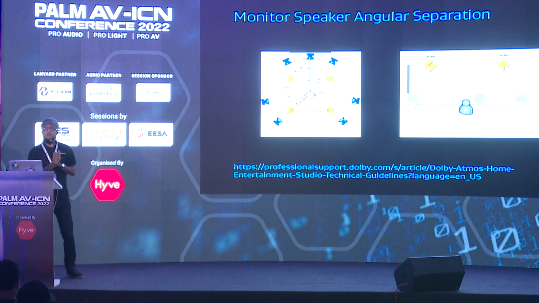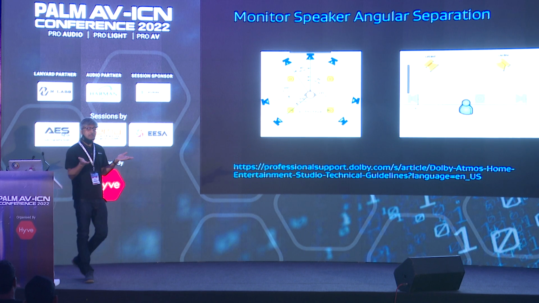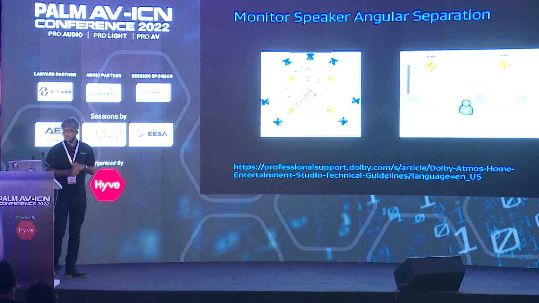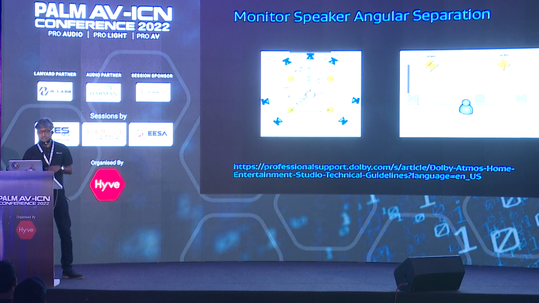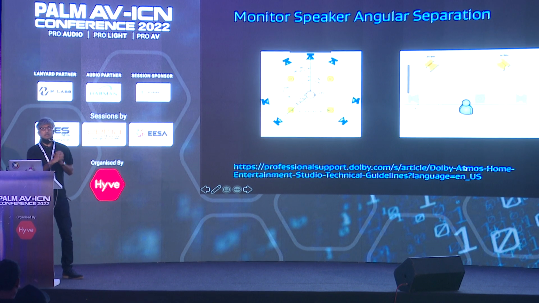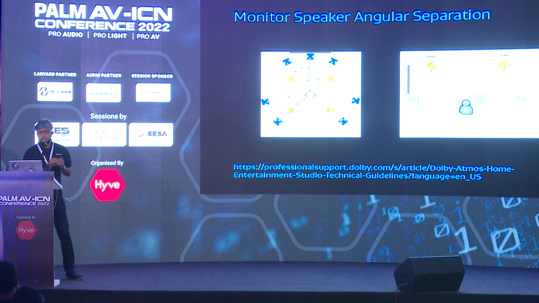And there are guidelines for how you can place the overheads, and if you have to take the speakers a little higher than the ear level, how much can you go? You can go to the website, and there's a guide called the Dolby Atmos Home Entertainment Studio Technical Guide, and you will be able to study in more detail if you're really interested.